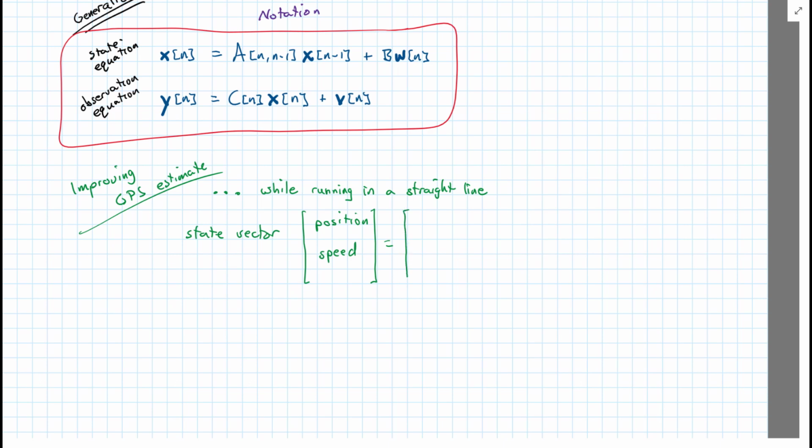As I'm putting together this example, I realized that maybe using a bicycle example would be better, because in that case you're more likely to be moving in a straight line, and you're more likely to have a constant or near constant speed. So this will be our state vector x at time n.